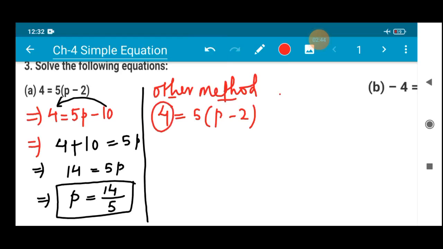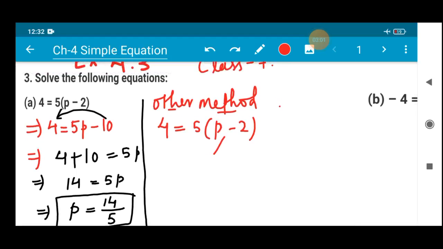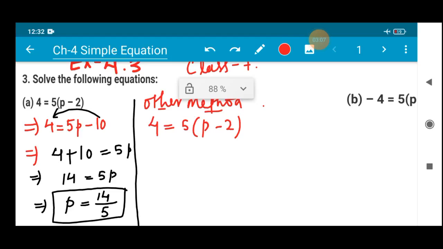You cannot divide this 4 on both sides, because we are not concerned about the other number, we are just concerned about the number which is attached with the variable. And 4 is on the left hand side here, this is the right hand side here. In a few previous questions, this used to be on the left hand side and this used to be on the right hand side, a little confusion they have created, but not a problem.